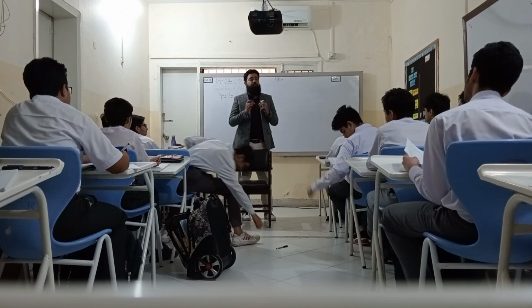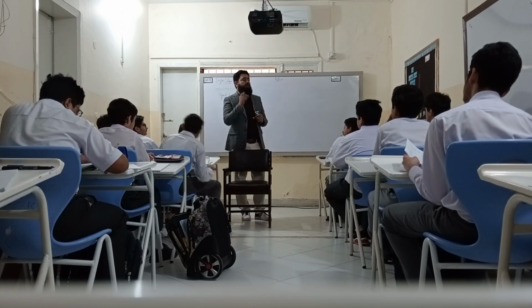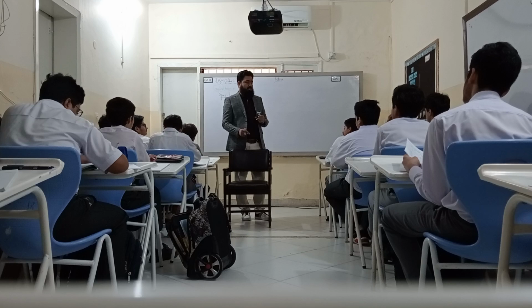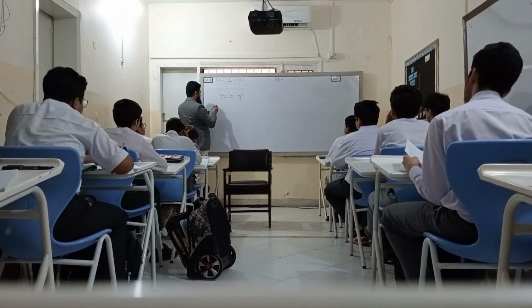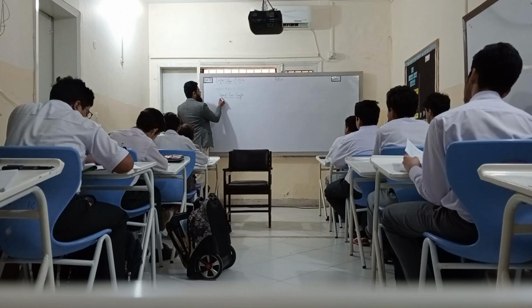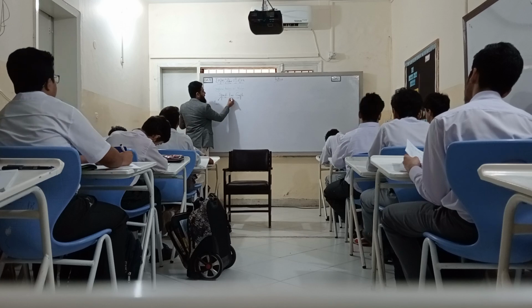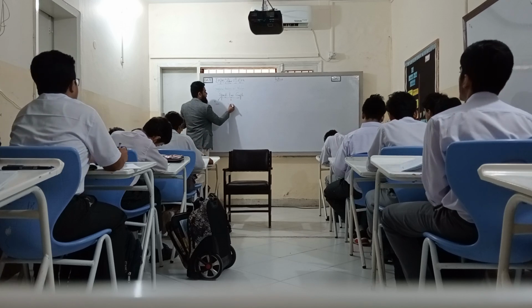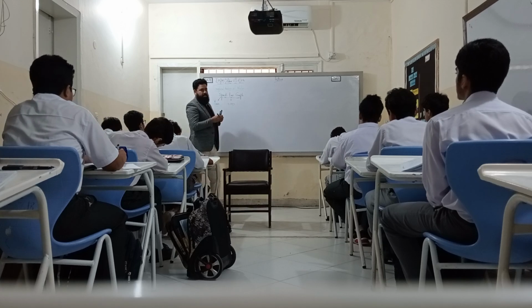It is time. Time will always be represented on the x-axis in the speed time graph or distance time graph. Speed will be represented on the y-axis, and time on the x-axis.